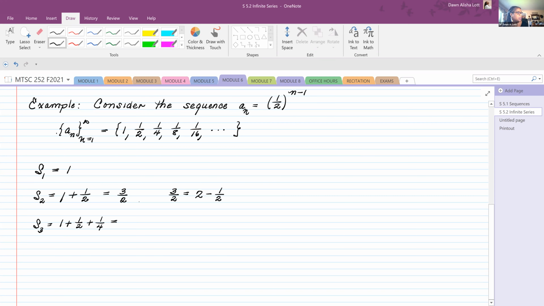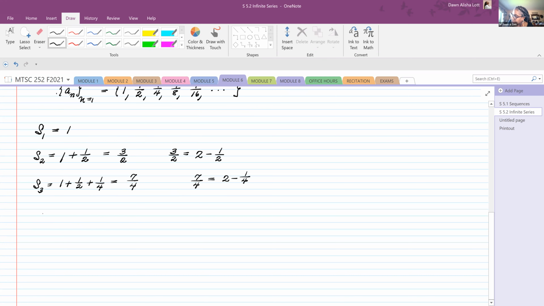So that thing is 7/4. I can conveniently write 7/4 as 2 minus 1/4. S4 is 1 plus a half plus a fourth plus an eighth. And that equals 15/8. I can conveniently write 15/8 as 2 minus 1/8.